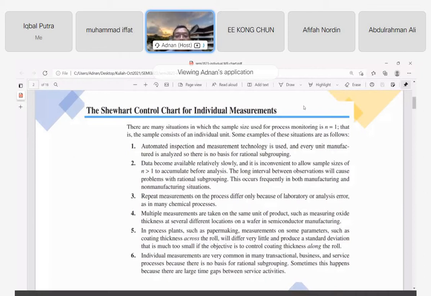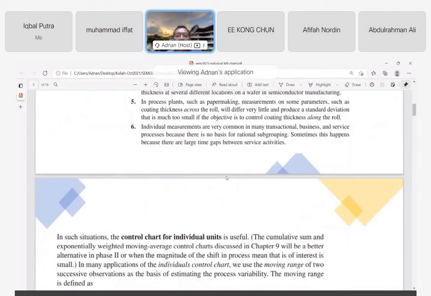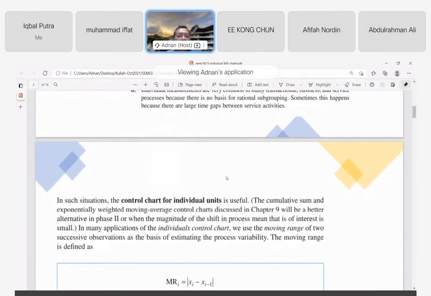So the issue now is that in control charting, especially on the X bar chart, we assume that the data is independent. It is not correlated. It's independent and normally distributed.